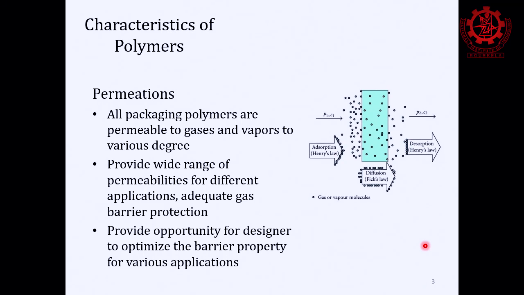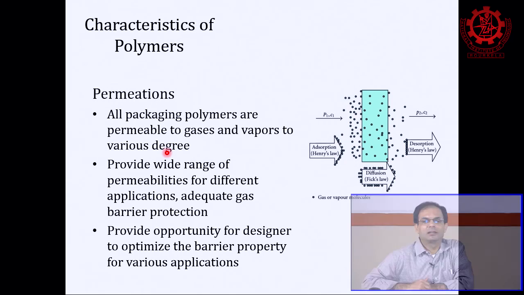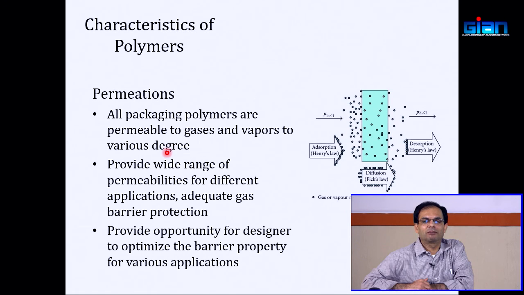So how does permeation happen in or through polymeric films? It says that all packaging polymers are permeable to some degree to gases and vapors, and these polymer packaging materials provide a wide range of permeability for different applications.